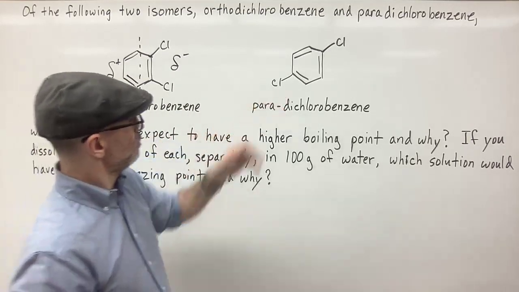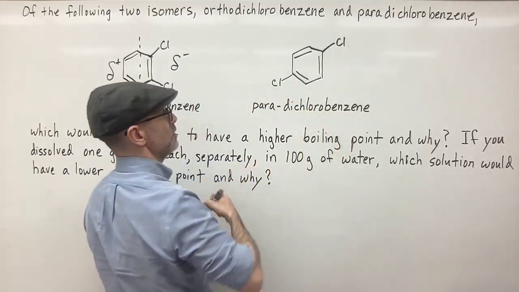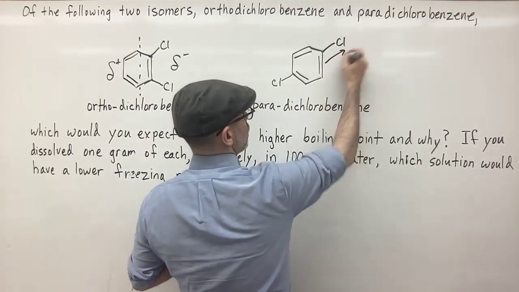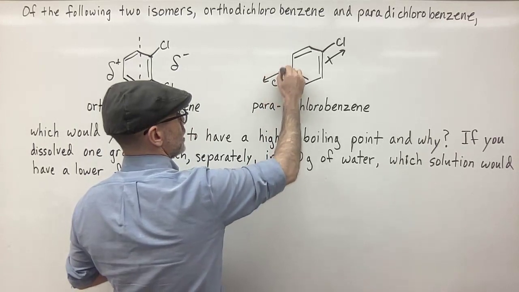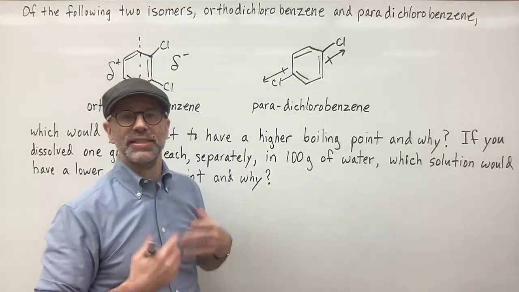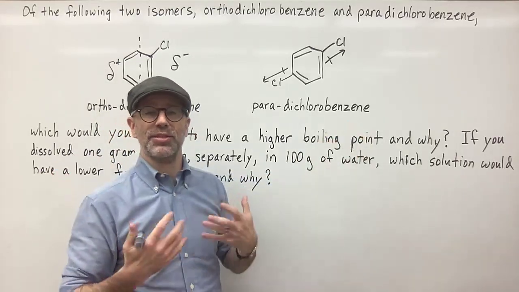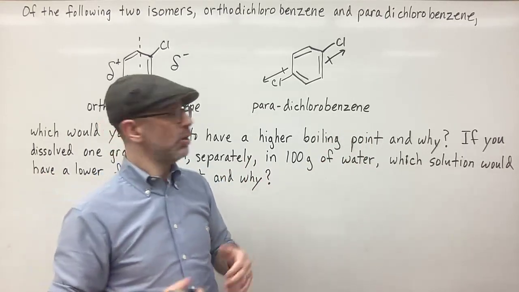Now here you have the chlorines on opposite sides. So the dipole moment for this bond is going to be going that way. The dipole moment in this bond is going to be that way. And since they're the same atom, they have the same electronegativity, they're going to be pulling in opposite directions with the same force, or same amount of dipole, right?